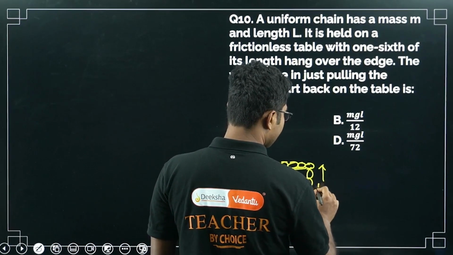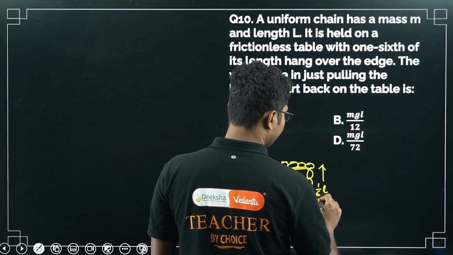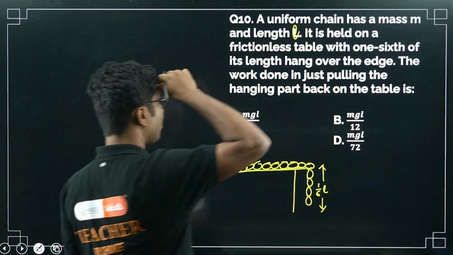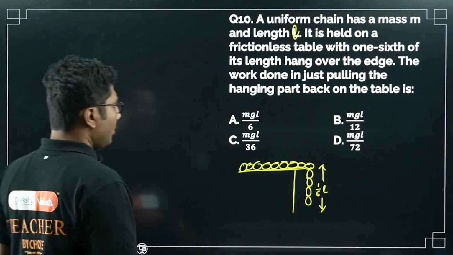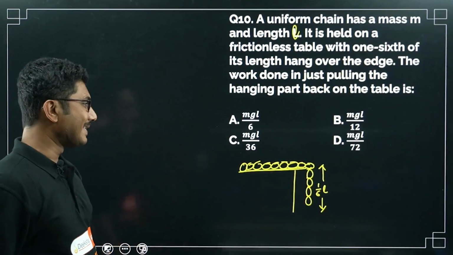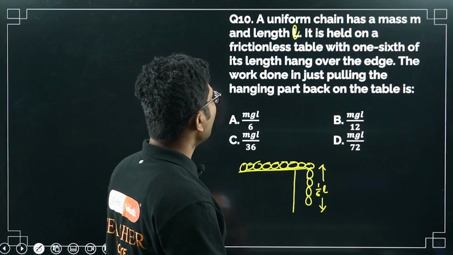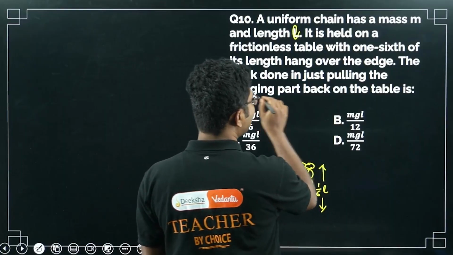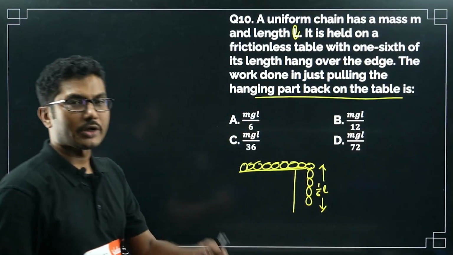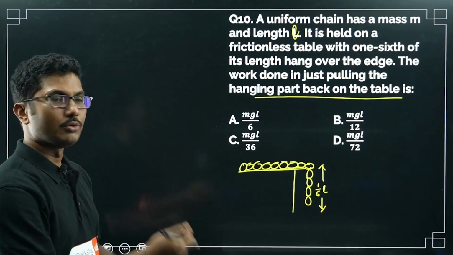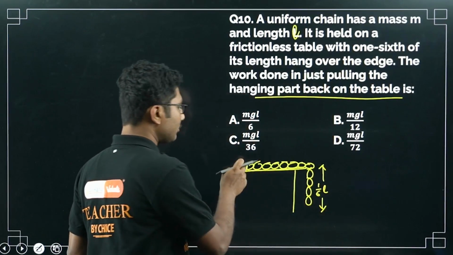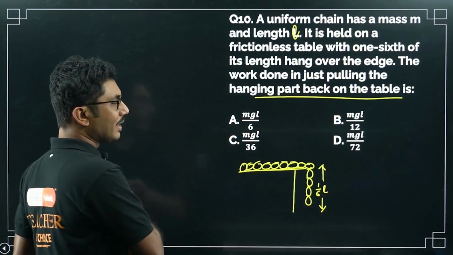So it will be 1/6 of L. This is a small letter l. So 1/6 of L is hanging, and they asked you the work done in just pulling the hanging part back to the table. How much work do you have to do if you just want to pull the chain back to the table? This is a frictionless table, so you are just pulling it backwards.